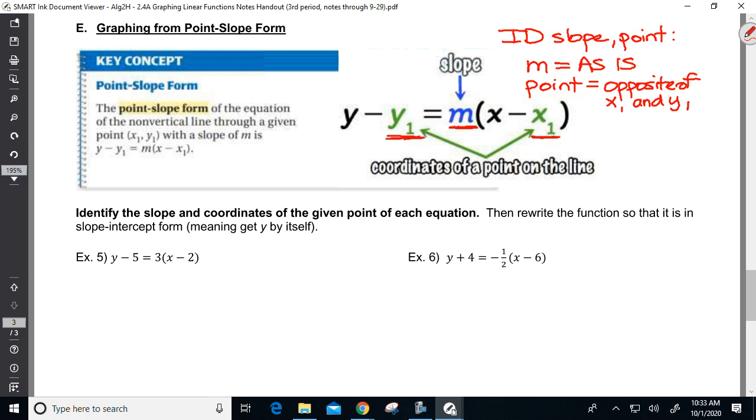Take the opposite of the 2 numbers that are right there. Take the opposite of the 2 numbers that are in green on this notes page.